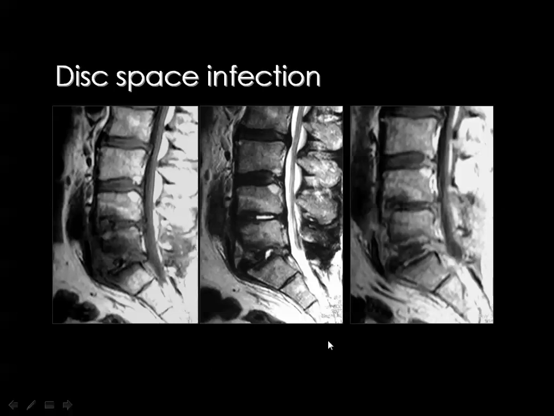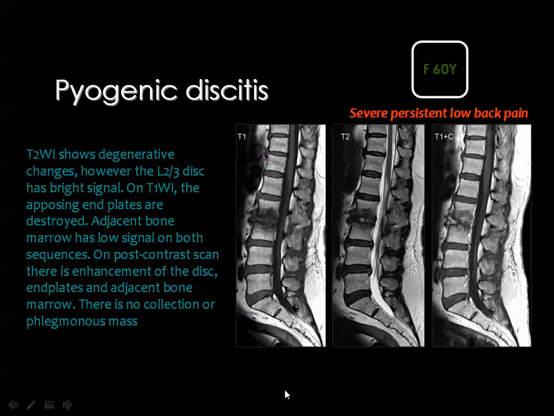And if you inject contrast medium, the inflamed disc as well as the inflamed vertebral bodies will enhance. And you should remember that bone marrow edema of whatever etiology will enhance with contrast medium. Then if the disc space infection is going to heal, you will see the development of some bone sclerosis at the vertebral end plates above and below the affected disc.